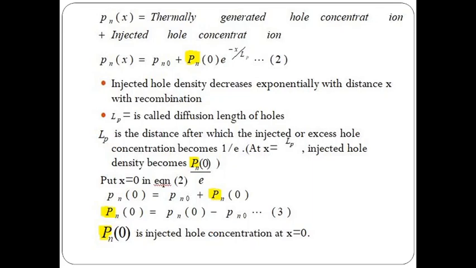From that, capital Pn of 0, the injected holes at x equals 0, equals Pn of 0 minus Pn naught. This is equation number 3. This capital Pn of 0 is the injected hole concentration at x equals 0.